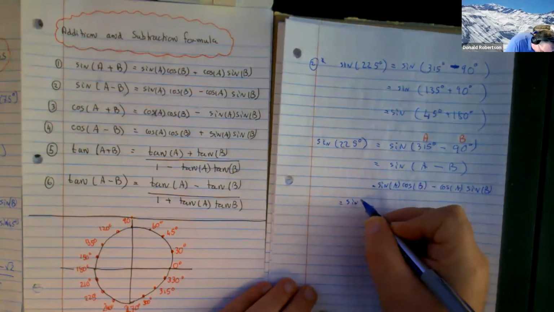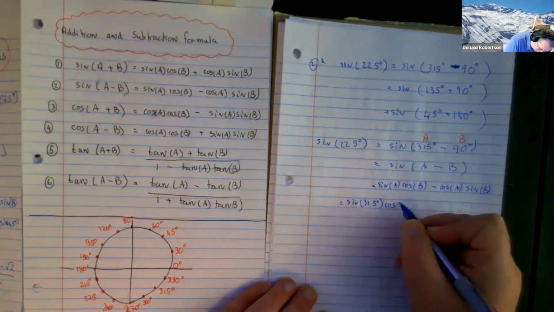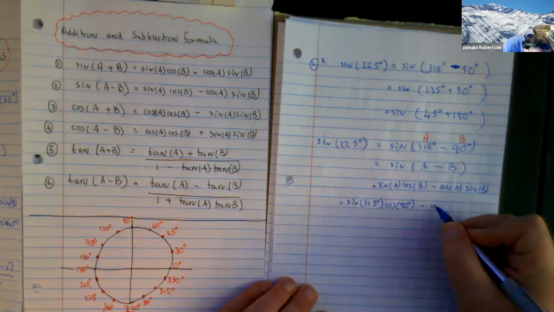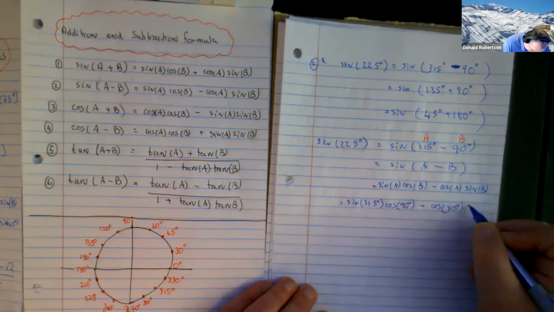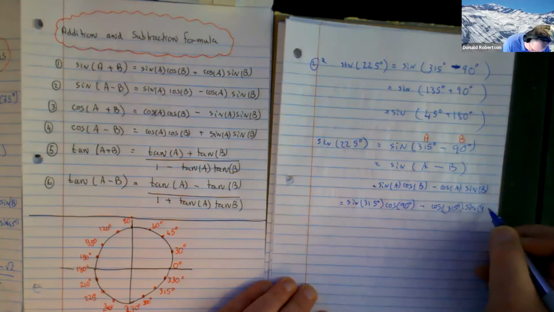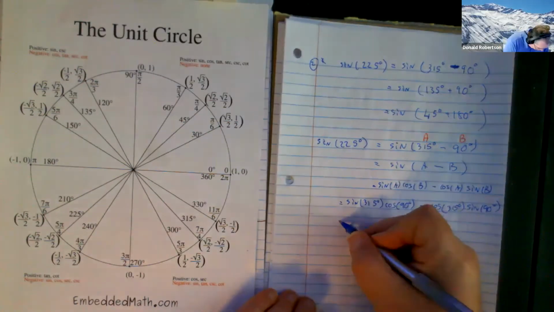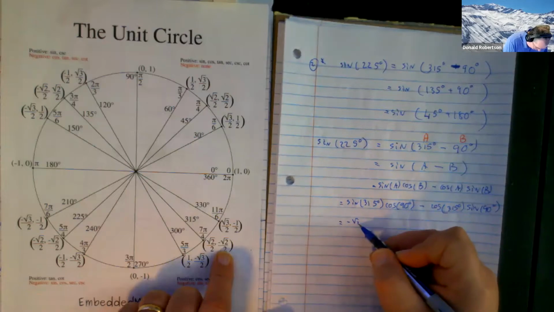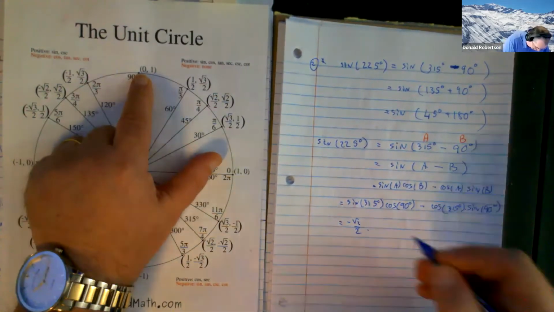So it's going to be the sine of 315 degrees with the cosine of 90, take away the cosine of 315 degrees times the sine of 90. And then I kind of need this fella. So here it goes. 315 degrees, the sine is negative root 2 over 2. 90 degrees, the cosine is 0.